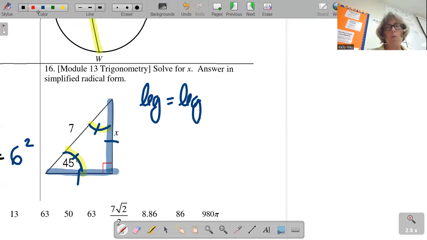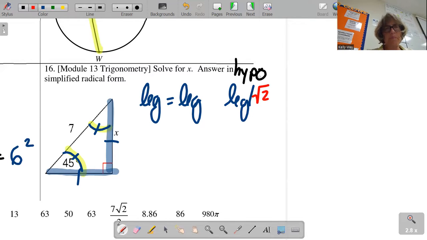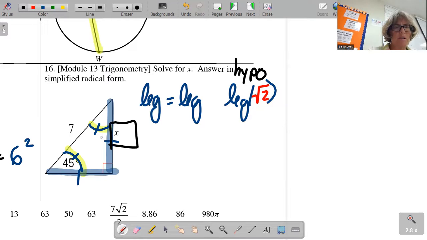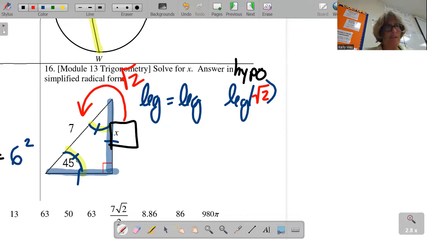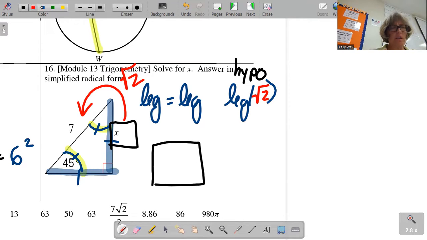The hypotenuse is whatever the leg is times root 2. So it reads like this: something times root 2 is 7. This is a little weird looking. Something times root 2 is 7.